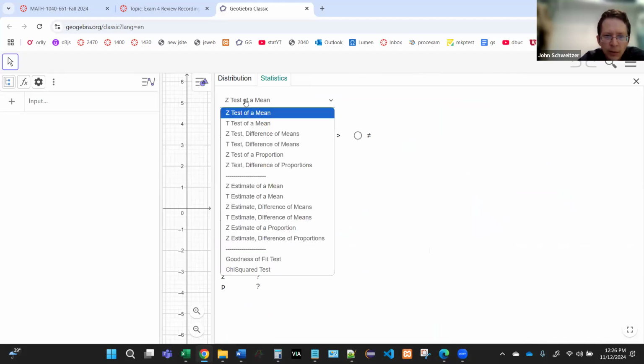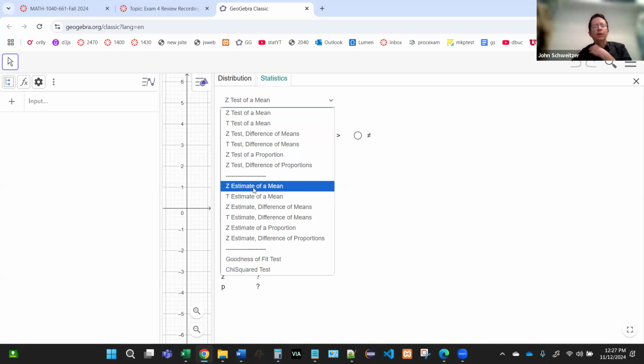We go to the drop down, and then we have to figure out what procedure we're using. At this point in the semester, we're in the 5th chapter, so we've covered lots of different inference procedures. So you kind of have to, as a process of elimination, work your way down to the relevant procedure. Which one are we doing? Well, we're doing a confidence interval. Remember, confidence intervals are estimates.